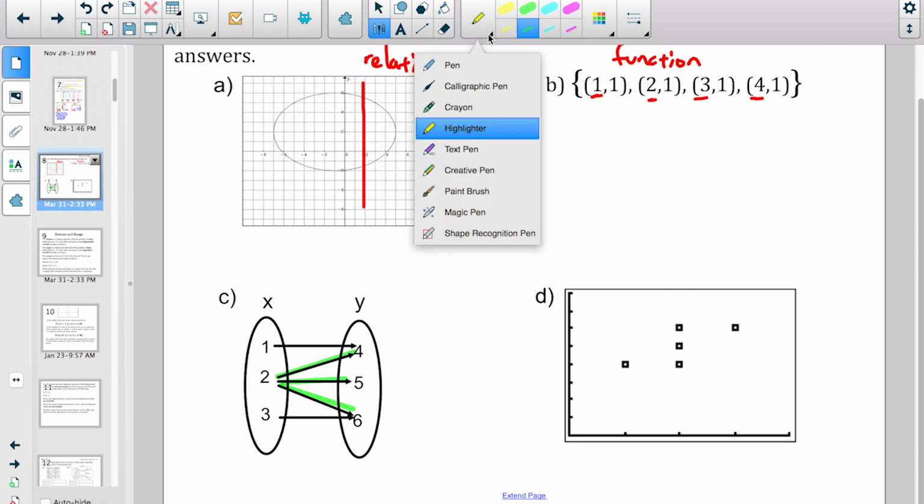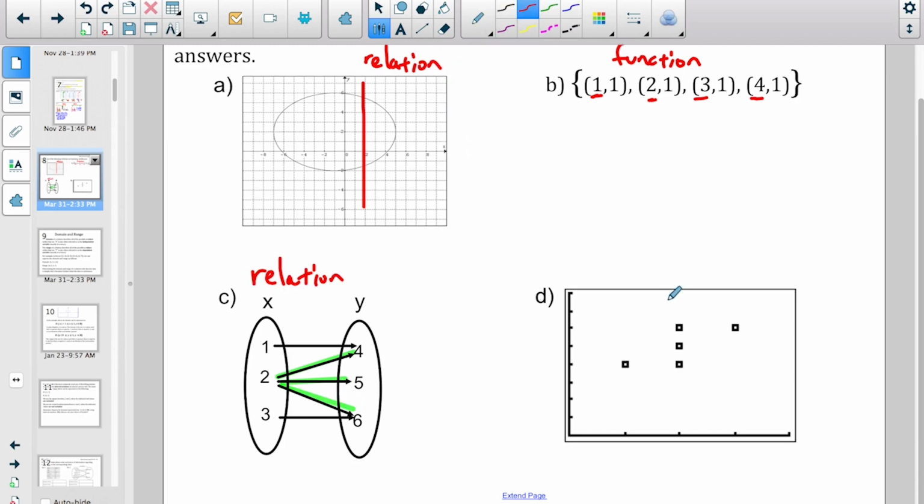So it must be a relation. And this graph here on the right hand side is actually the graph of this same relation here on the left. And if we draw a vertical line through those points, we can see it crosses 3 times, making this a relation.